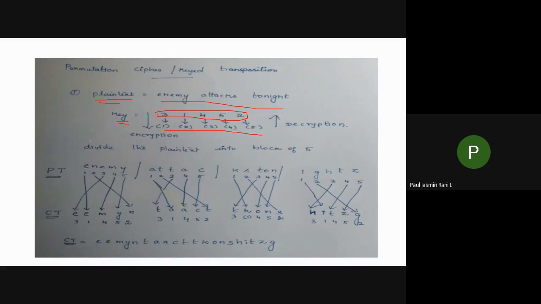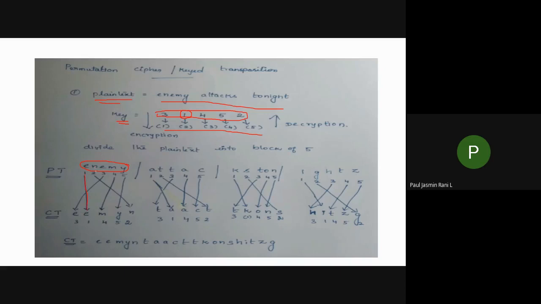For your plain text, let us consider only the example for this word enemy. For this enemy, what happens? E is here. In which position is it present? E is present in the first position. If it is present in your first position, you have to move it to your second position.